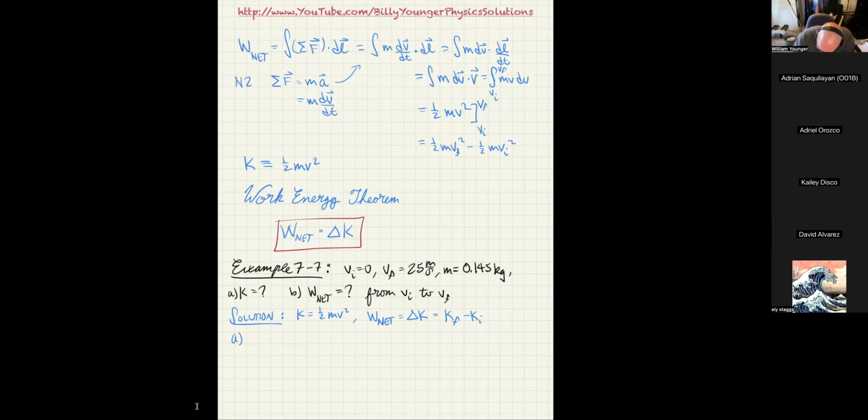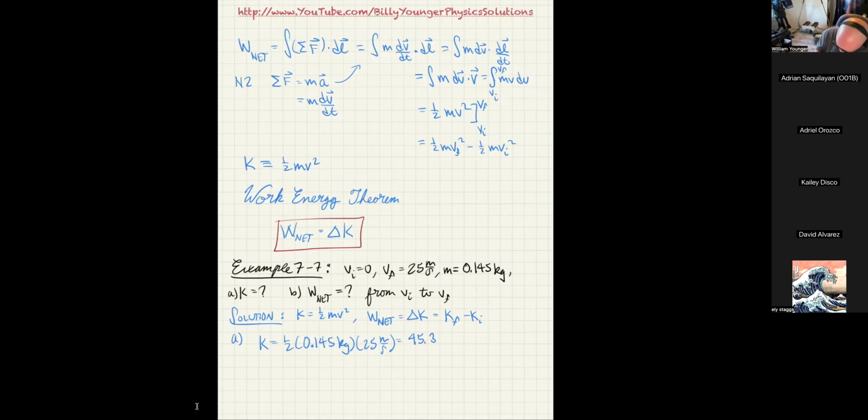So for part A, we've got K equals 1/2 times 0.145 kilograms times 25 meters per second squared. 0.145 times 0.5 times 25 squared gives me 45.3125.